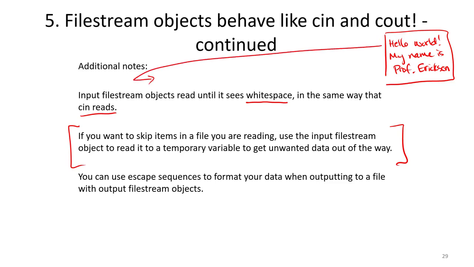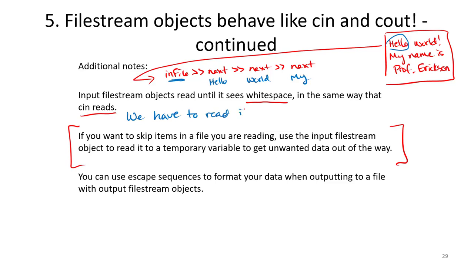If I wanted to read this data file, I could use the input file stream object and read each item one at a time. First I would read hello, then I would read world, then I would read my. So we have to read items from the file in order.